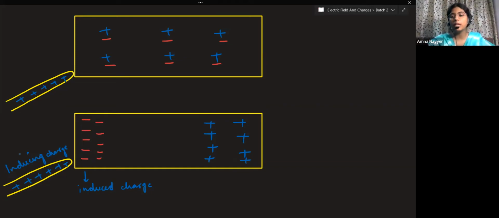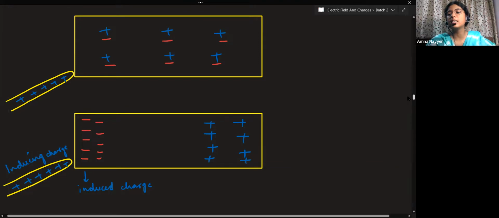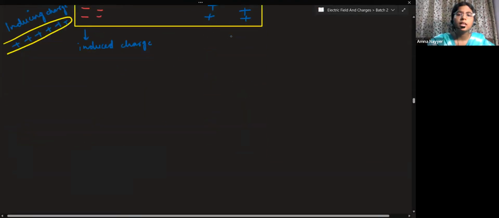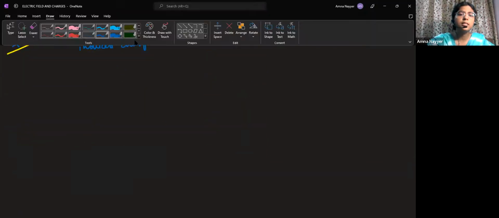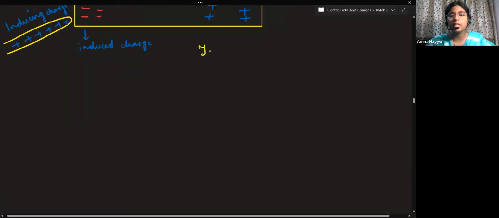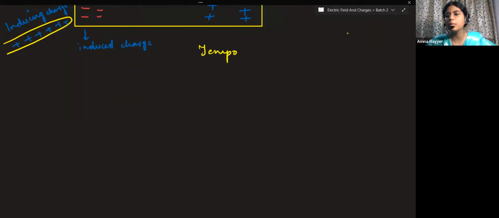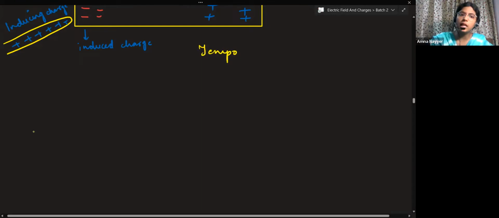But this phenomenon of induction is known as temporary electrification. Why temporary? Because you all know, as soon as I remove this glass rod, there won't be anything to attract these negative charges and hold them. Right now, the positive charges present on the glass rod are holding them. That will get removed. That's why we say this is temporary electrification. So this is the phenomenon of induction.